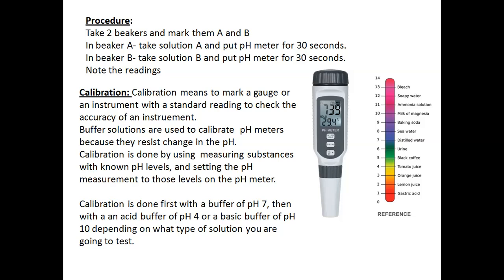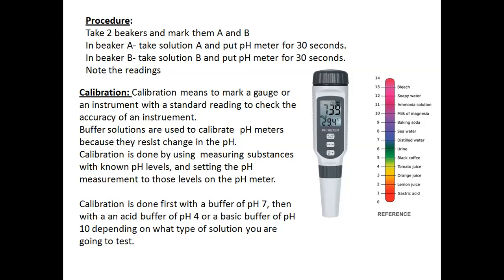So calibration is first done with a buffer of pH 7. Then if you want to check or test or estimate the pH of an acidic solution, you put your pH meter in an acidic buffer solution of pH 4.